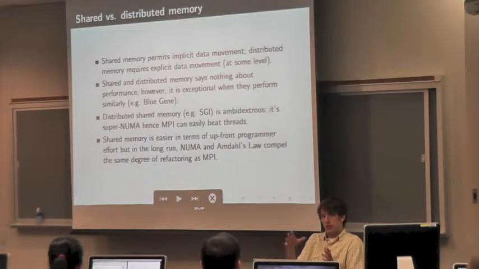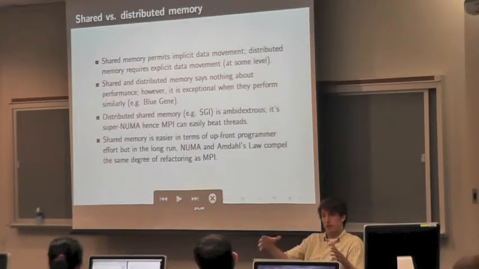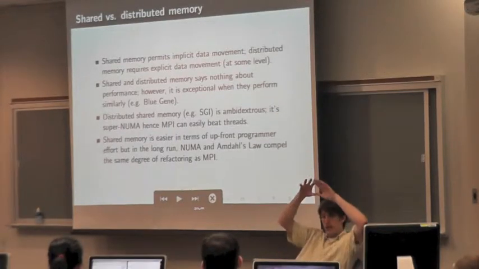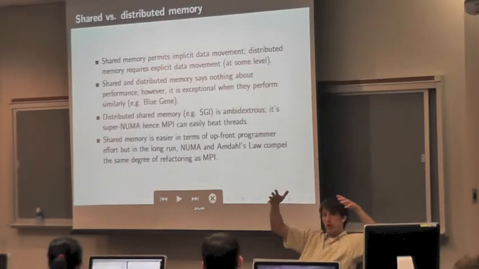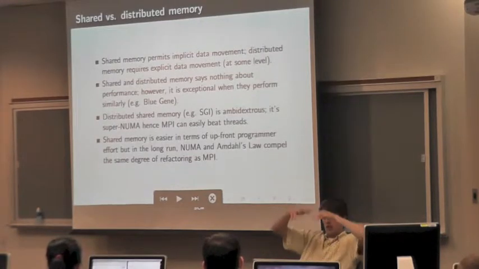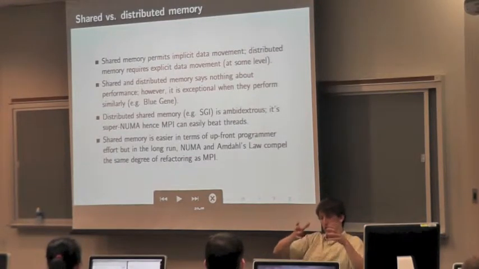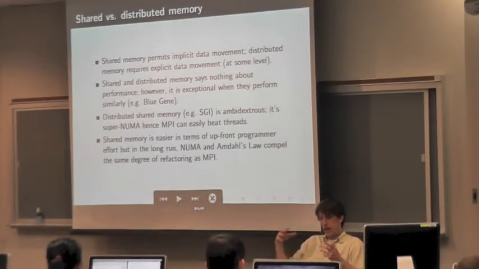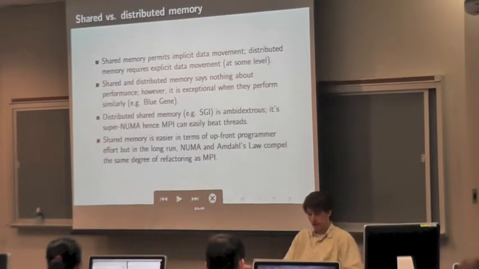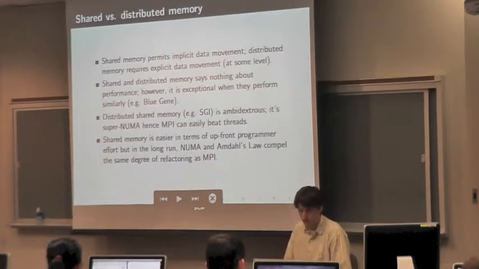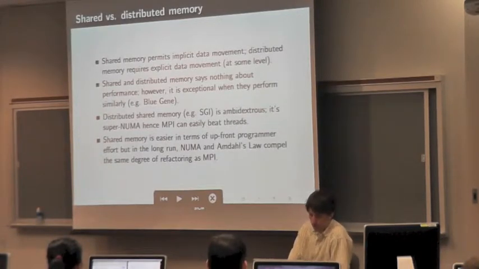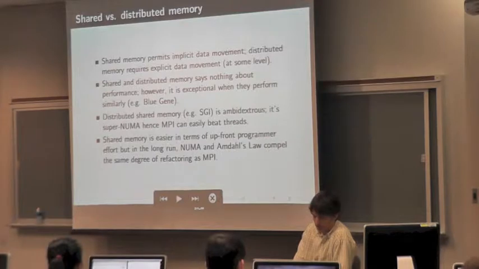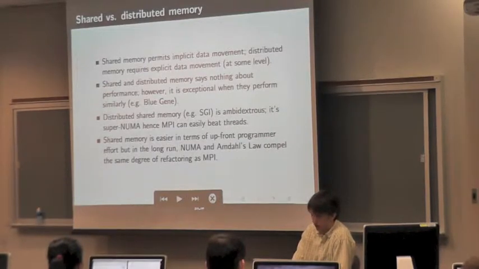Now, if someone writes an application for an SGI machine using threads, and they understand that it's this very large tree structure of nodes connected in little boards plugged into the backplane, and then you have racks, and they understand that whole tree of hardware, then maybe threads will be competitive. But by the time you do all that refactoring, it's basically looking like MPI code only using threads.